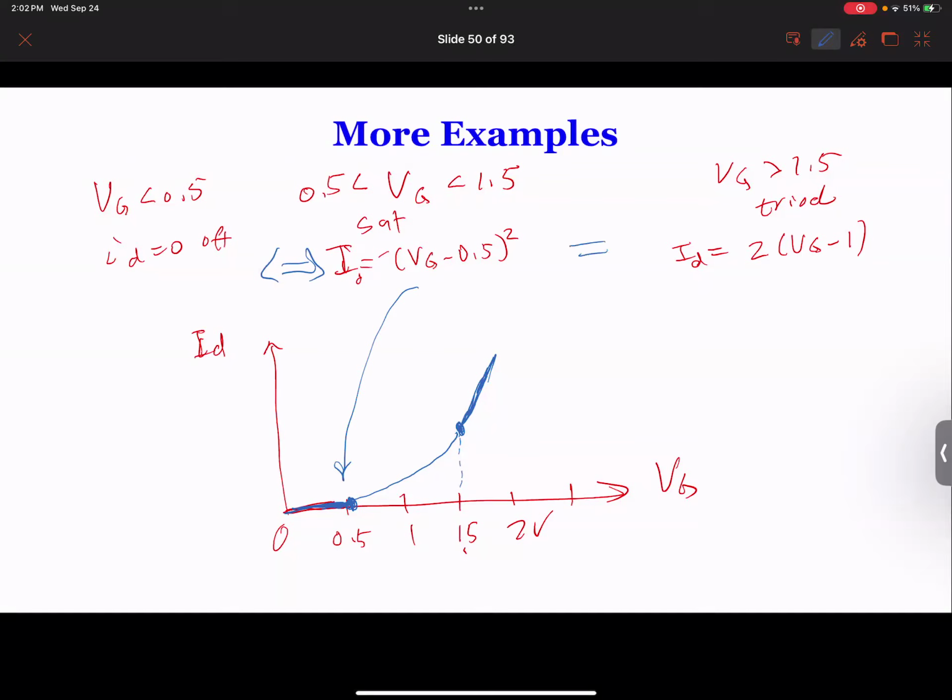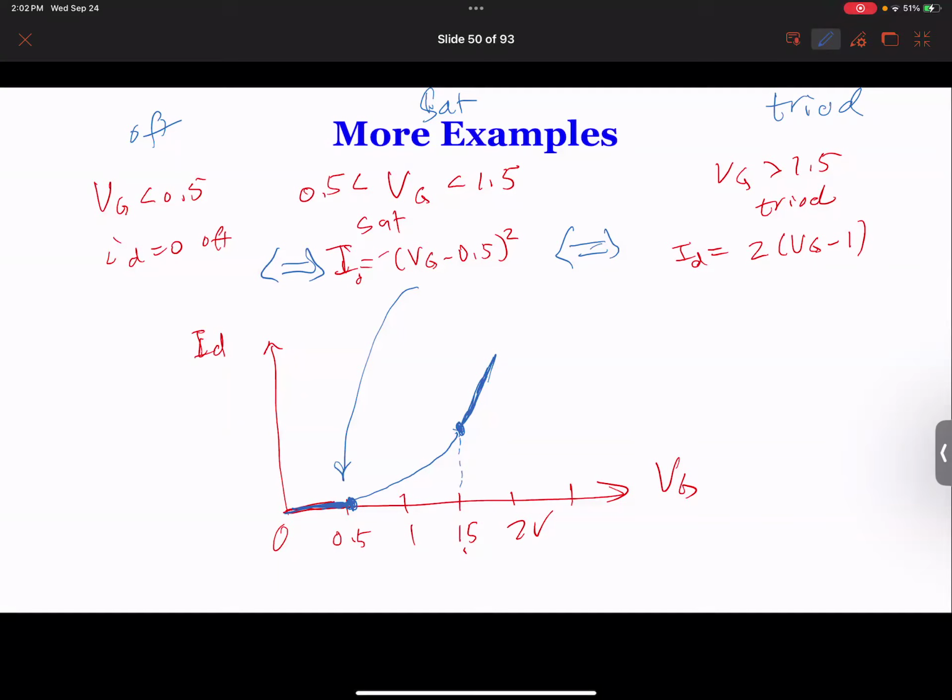And also at 1.5, we have off, saturation in the middle, and triode. If VG is 1.5, you get 1 milliamp, and you also get 1 milliamp from the other equation.